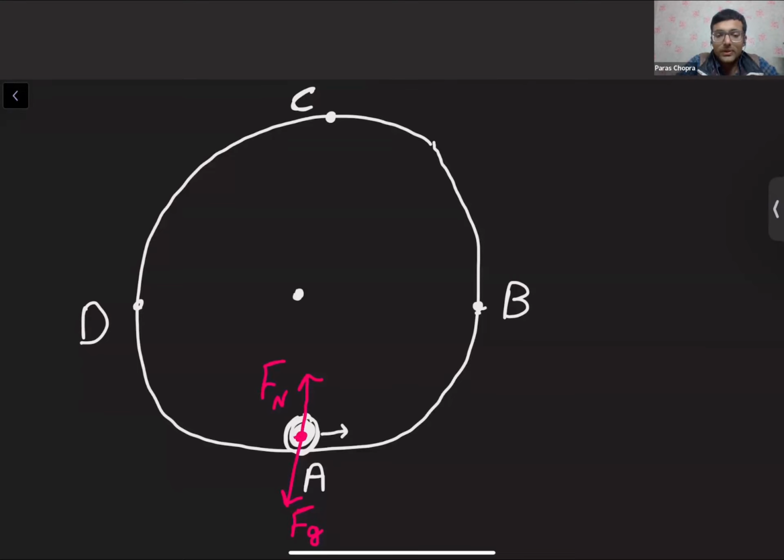So in this case, what will be the centripetal force equal to? Centripetal force is the net force along the center. What is the net force along the center at point A? So at point A, F centripetal will be equal to Fn minus Fg, and this will be equal to m va square upon r.